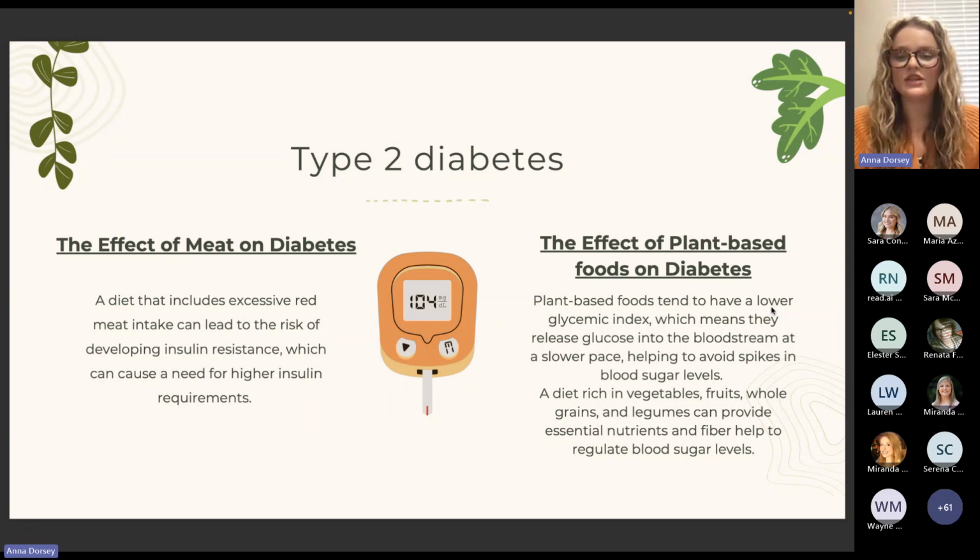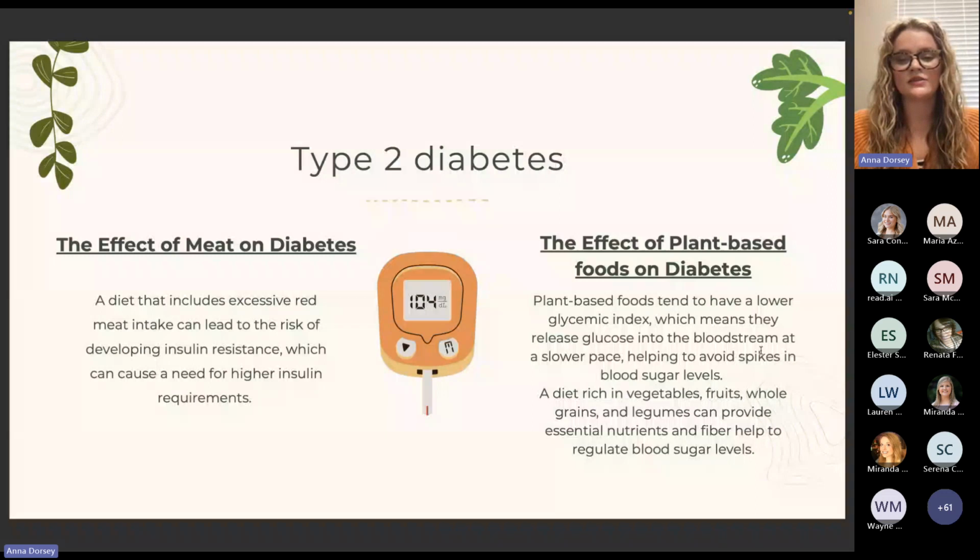So inflammation in the body has a cascade effect, which can eventually lead to insulin resistance. So when we focus our diet on more plant-forward foods, it can cause a slower rate of digestion, which then decreases this release of glucose and will lower the surge of blood sugar that could potentially happen if you're eating especially a lot of carbohydrate-rich foods and things like that.